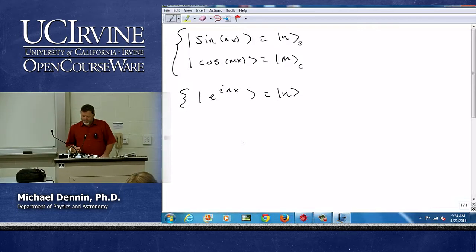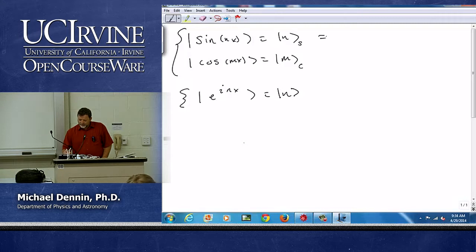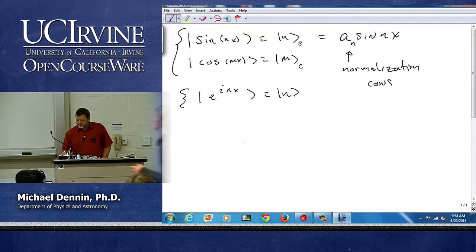But as a function, we want our basis not only to be orthogonal, but we want it to be normalized. And so we have our normalization constant, as we refer to it.